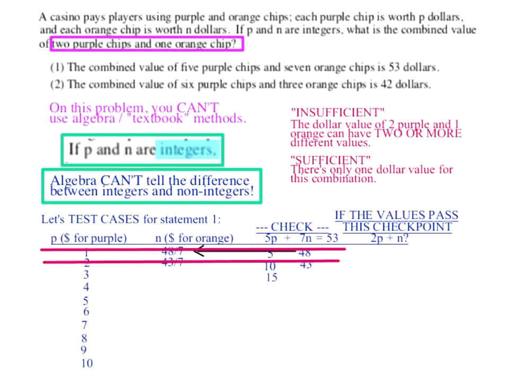So these would be 15, 20, 25, 30, 35, 40, 45, and 50. So subtracting from 53, we have 38, 33, 28, 23, 18, 13, 8, and 3.